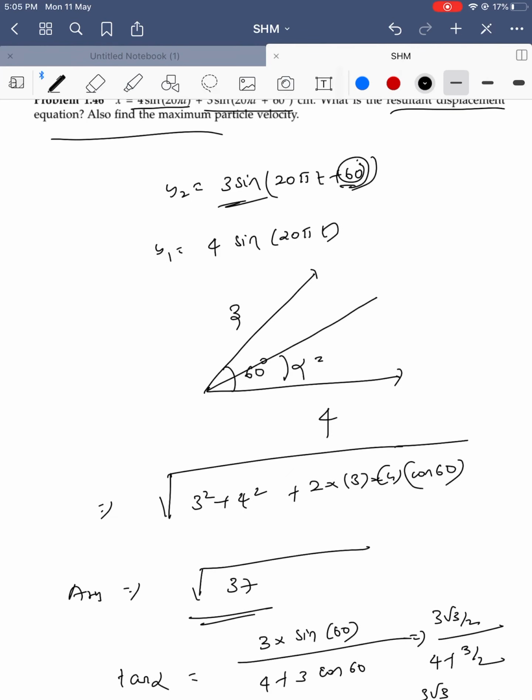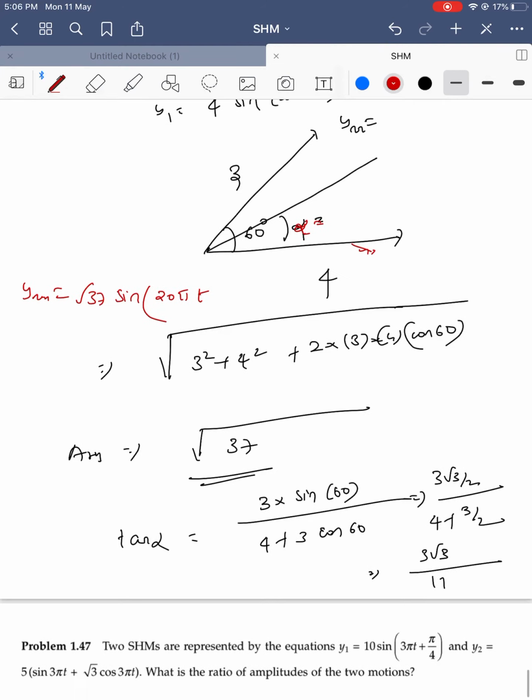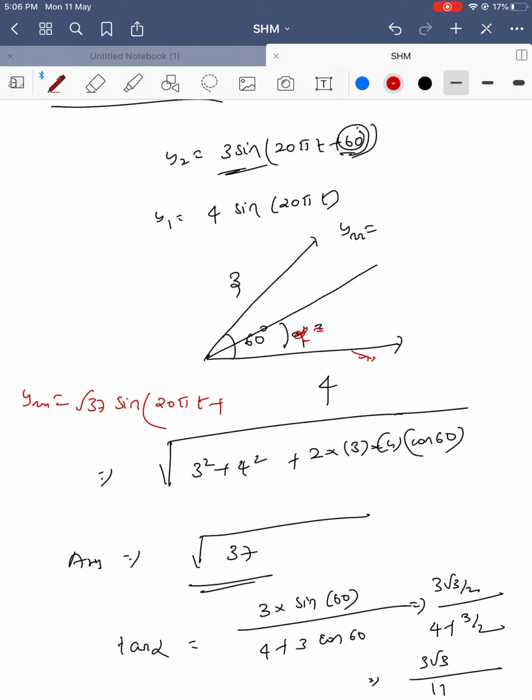So if you want to write the expression, y resultant is equal to a resultant, which is root 37, sine of 20 pi t plus the angle, that is plus tan inverse of 3 root 3 by 11.